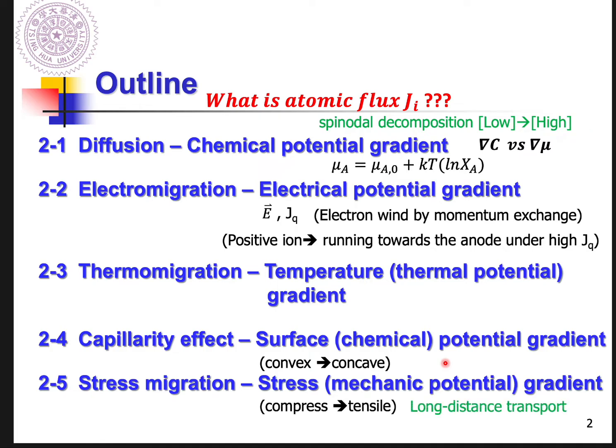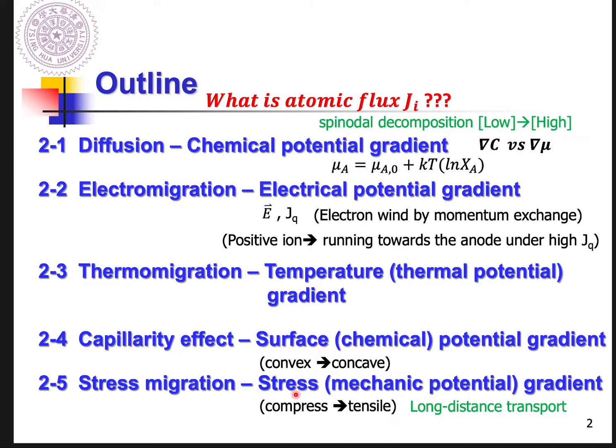And the same thing happens with the stress field, stress migration, because in your material, in your crystal, a stress field exists, and that will cause variation in chemical potential.